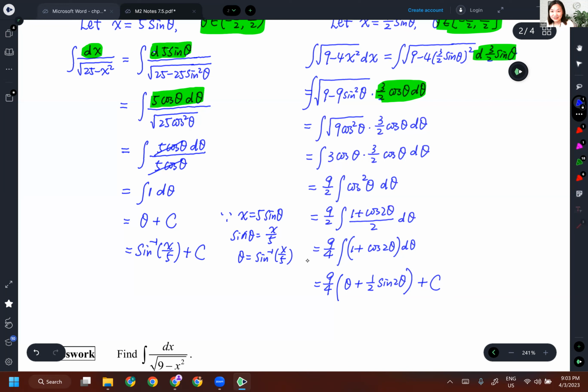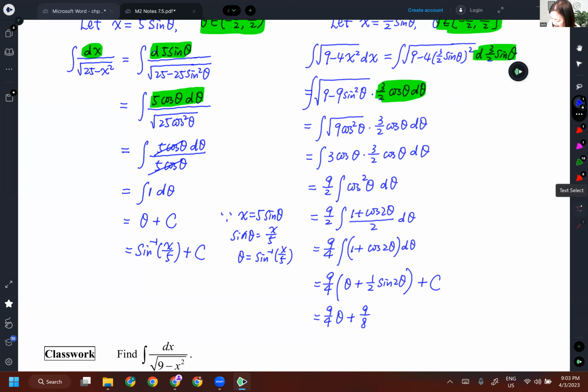That's not the final answer yet. Right now, I have to change it back to x. So this one is 9/4 theta plus 9/8 sine 2 theta. But instead of sine 2 theta, I will write 2 sine theta cosine theta.